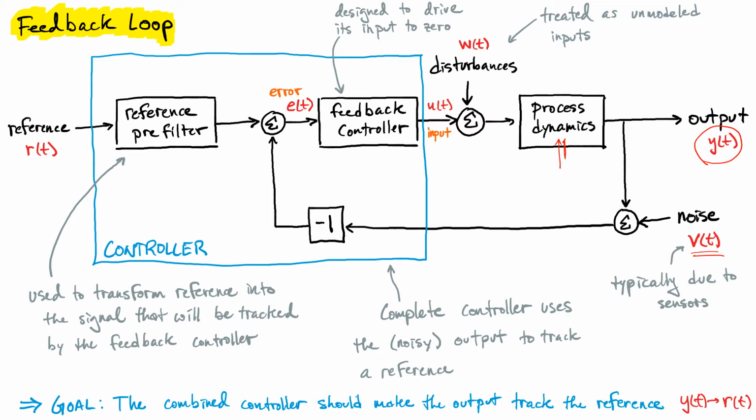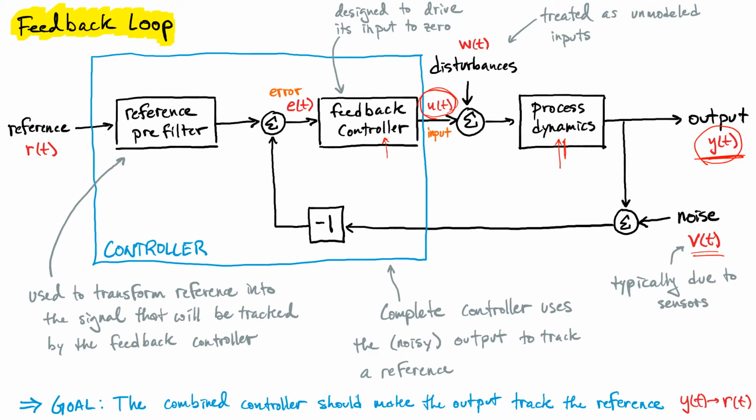In order to design the input, so the input is U, we use a feedback controller. A feedback controller, different from the open loop one that we talked about in the last set of videos, employs this output in its effort to control the system.